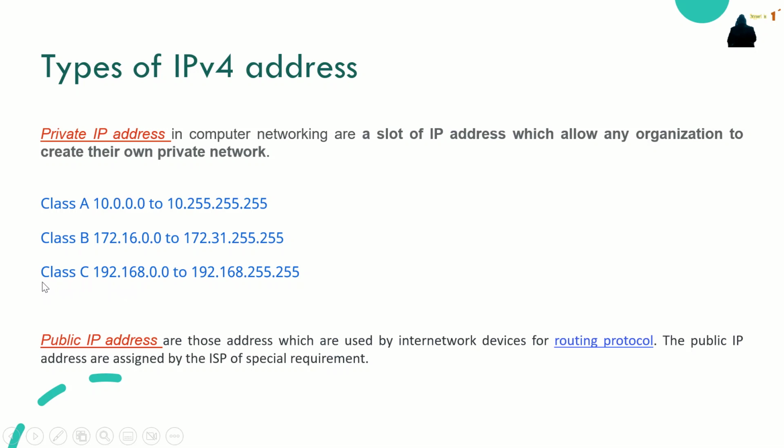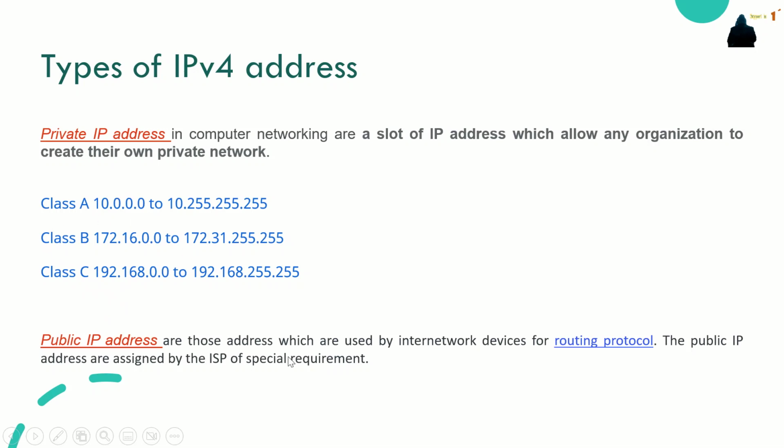In class A you can get a lot of hosts, while in class C you get limited hosts. In the largest companies, you should use class A, in a small company you can use class C, and for intermediate you can use class B.